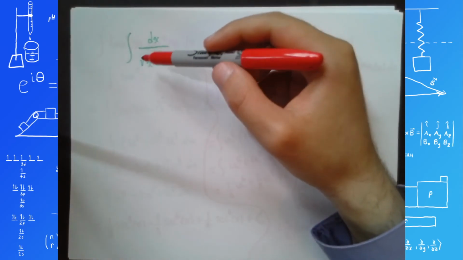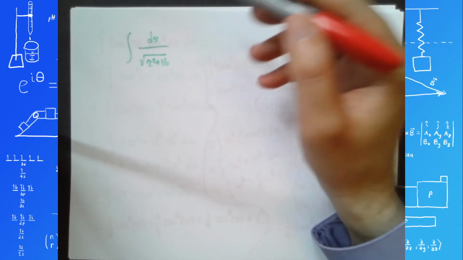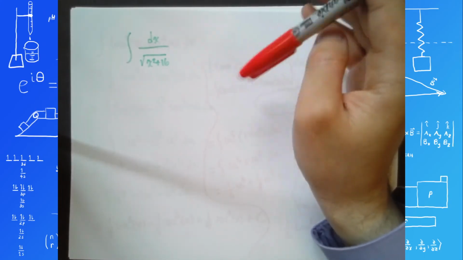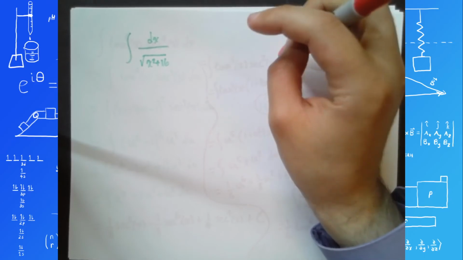U substitution is not the way to go. For cases like this, trig substitution is the best choice. Typically, whenever you see square roots involving your variable squared, that's usually your cue to try trig substitution, or at least consider it.